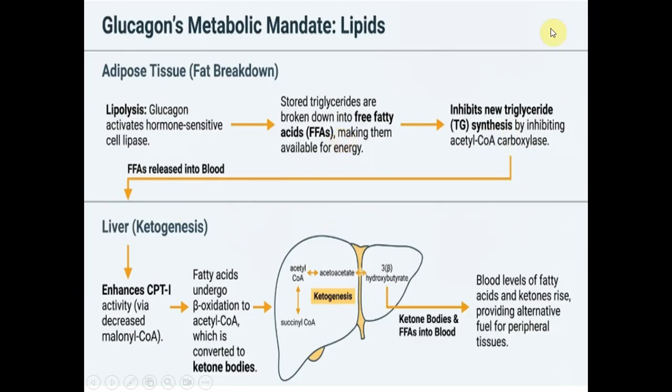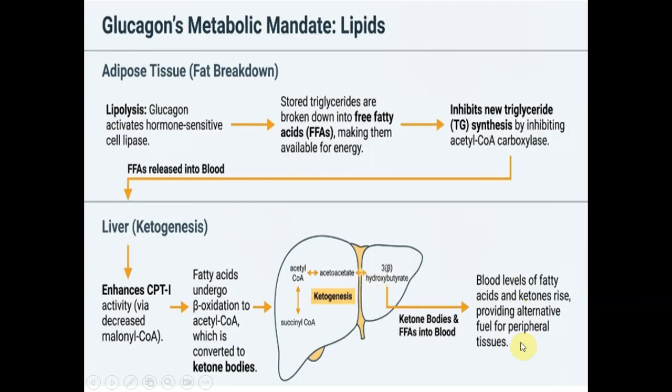In the liver, when the free fatty acids are released into the blood, they go into the liver for ketogenesis and enhance CPT1 activity by decreased malonyl-CoA, and then the fatty acids undergo beta oxidation to acetyl-CoA, which is converted to ketone bodies. Here you can see that the acetyl-CoA forms acetoacetate, and that forms 3 beta hydroxybutyrate, which are the ketone bodies. Then it is released into the blood from the liver, and blood levels of fatty acids and ketones rise, providing alternative fuel for peripheral tissues.